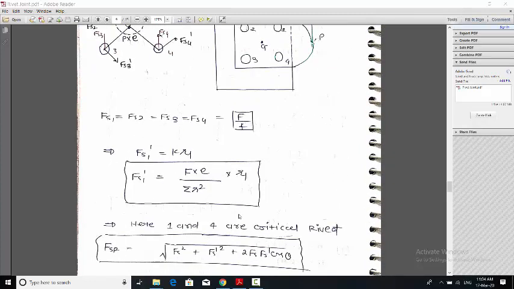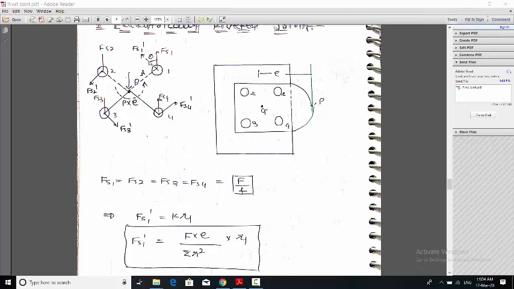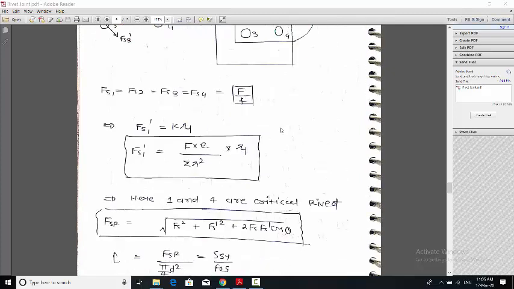You can find out FS1 dash, FS2 dash, FS3 dash and FS4 dash. But by looking at the figure, you have to make sure which force will act for failure of the component. This force will never create a failure, but these forces can. So we can say 1 and 4 are the critical elements.